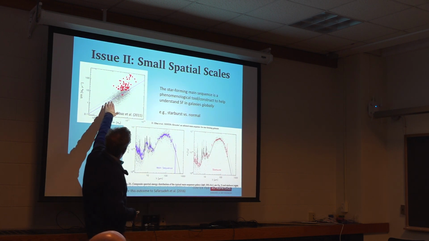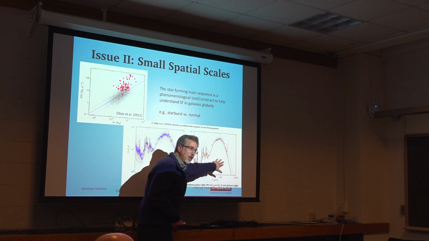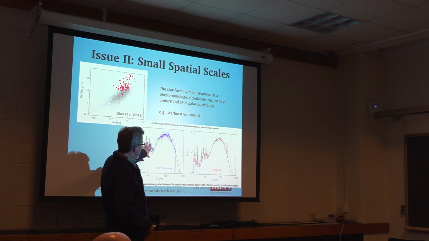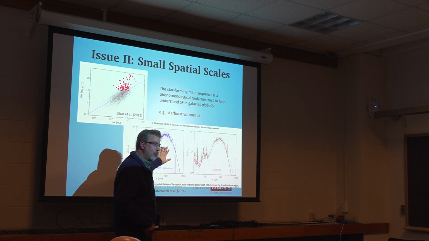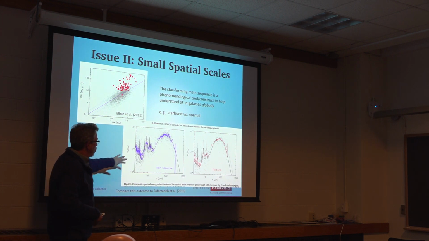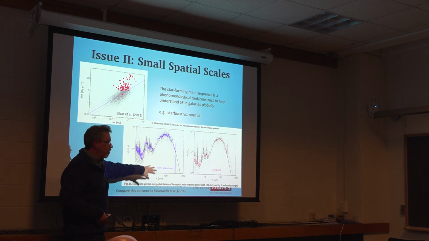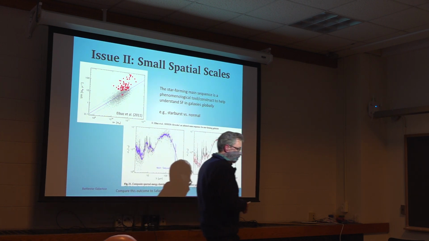And if you take the points that are the starburst and you do the same thing, you get a distribution like this. And you can see that the main sequence galaxies have a thermal far IR distribution that's cooler with more PAH emission than the starburst galaxies. So I thought that was pretty impressive.